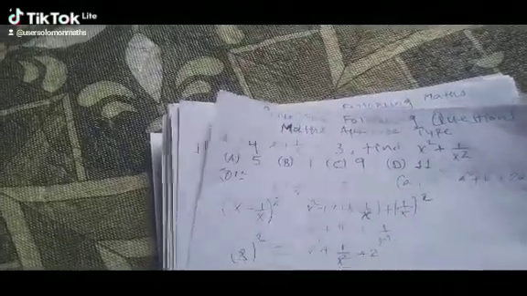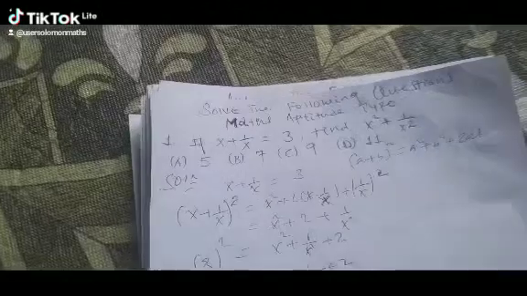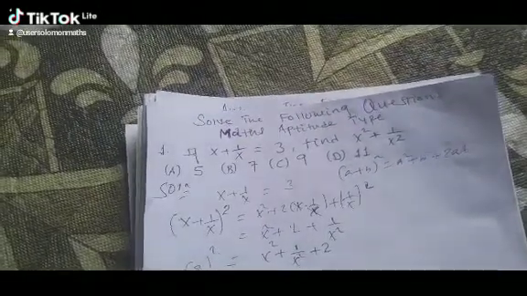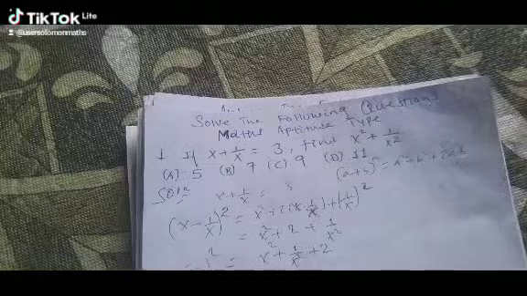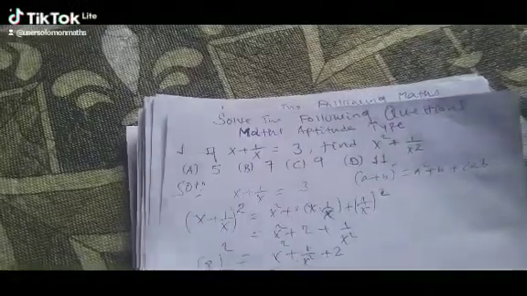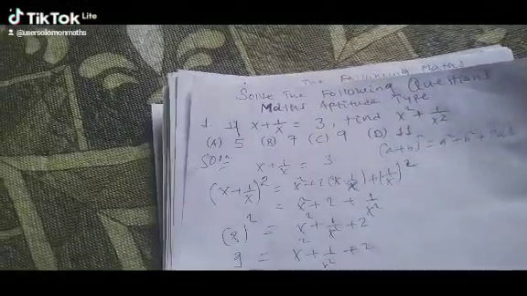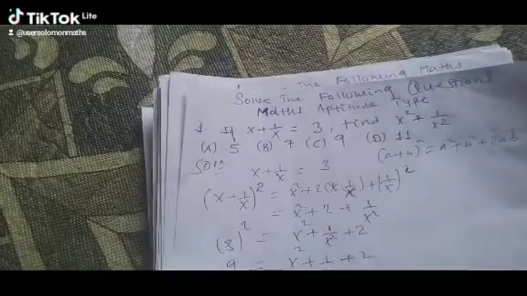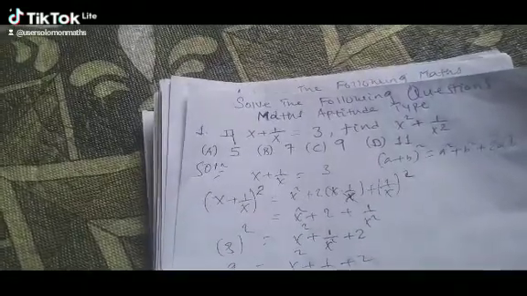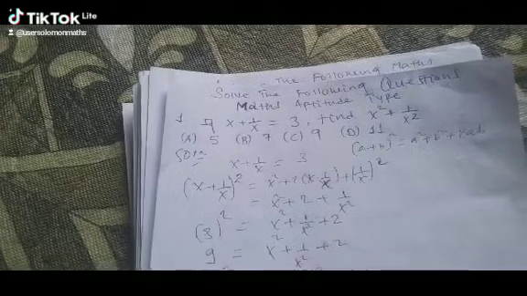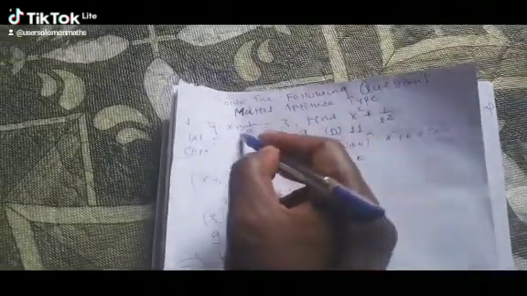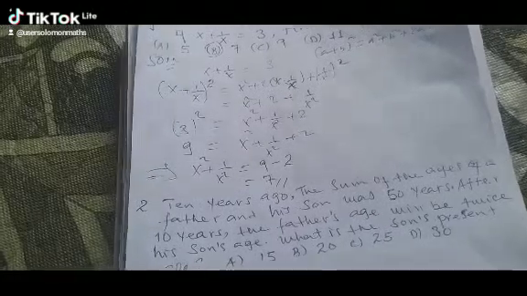So this implies x square plus 1 over x square is equal to 9 minus 2. 9 minus 2 is 7. So the answer is 7. The answer is B.